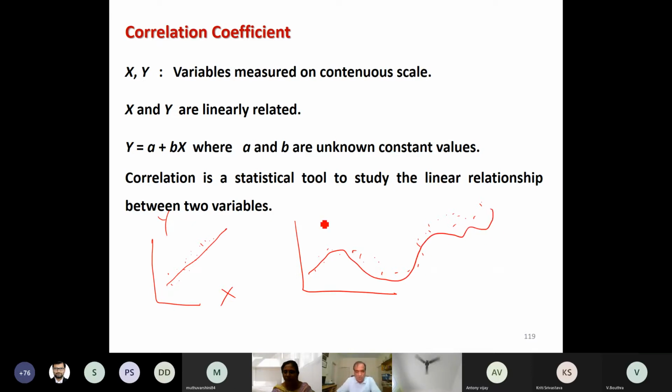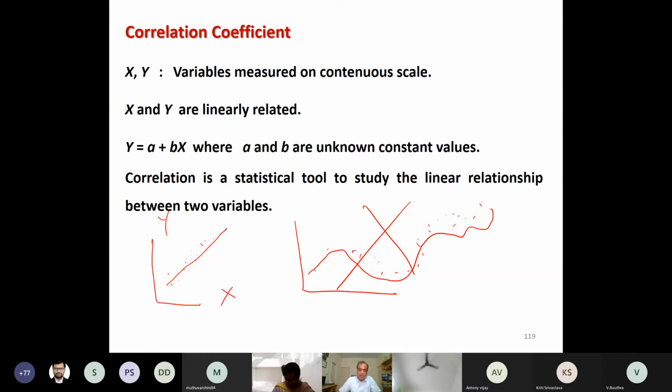So you cannot use the concept of correlation coefficient in this case, right? The correlation coefficient is a statistical tool to measure only the degree of linear relationship. That is what you have to keep in mind. Believe me, many times people are using it in a very wrong way.